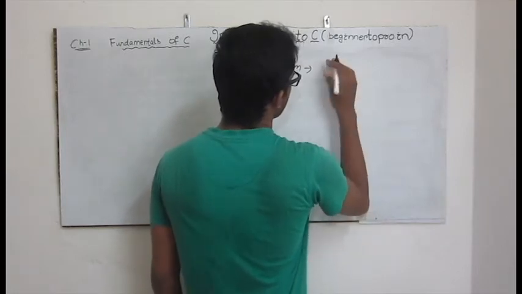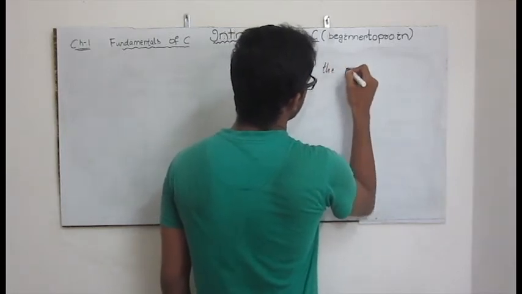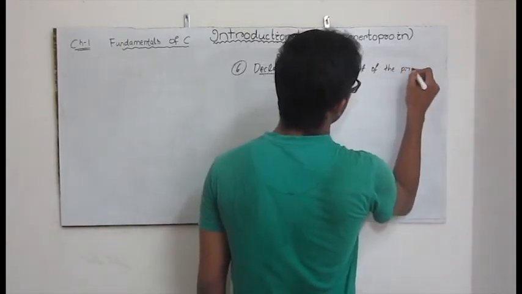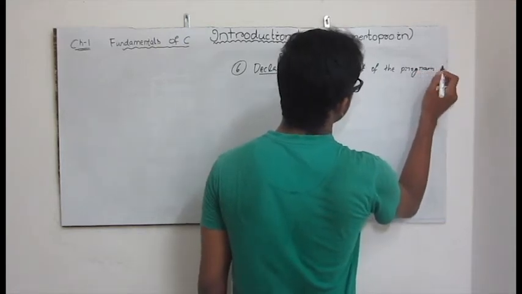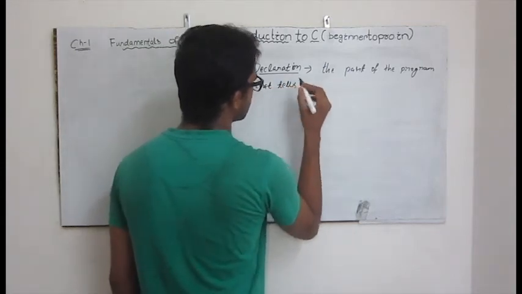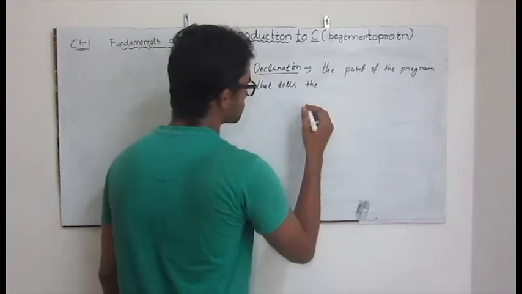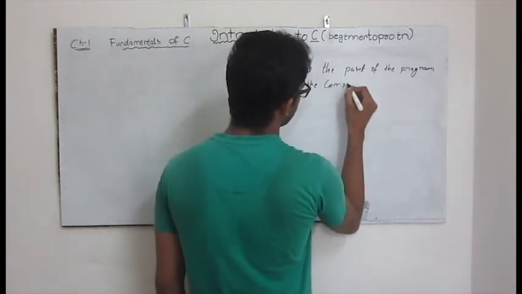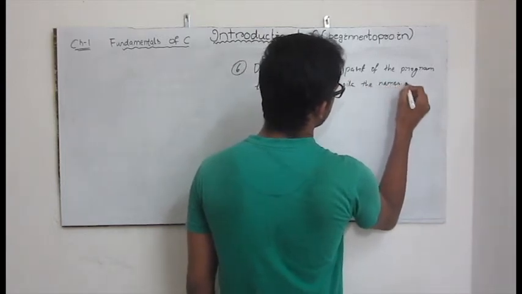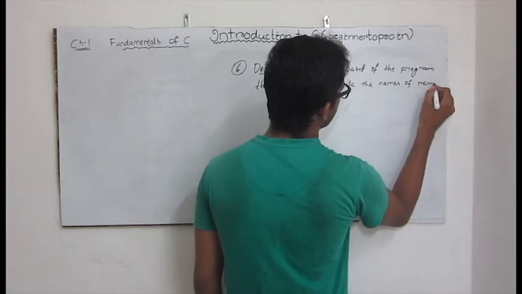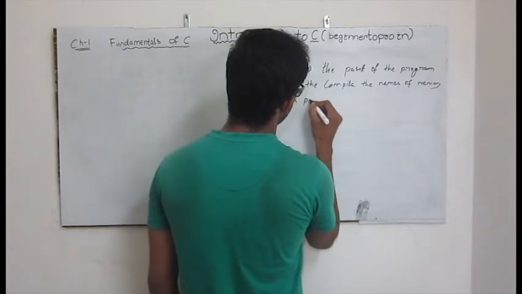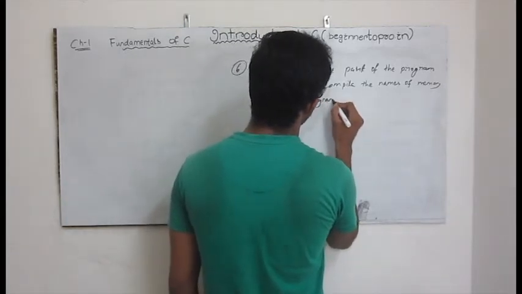The part of the program that tells the compiler the names of memory cells in a program.